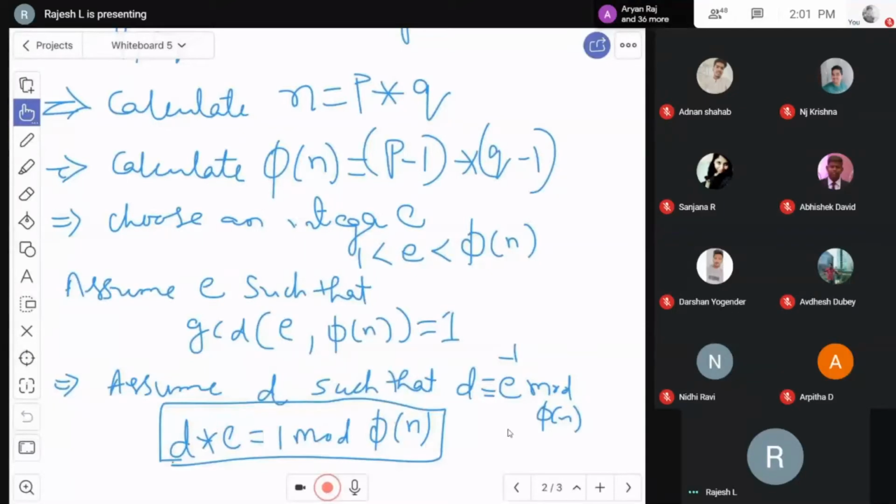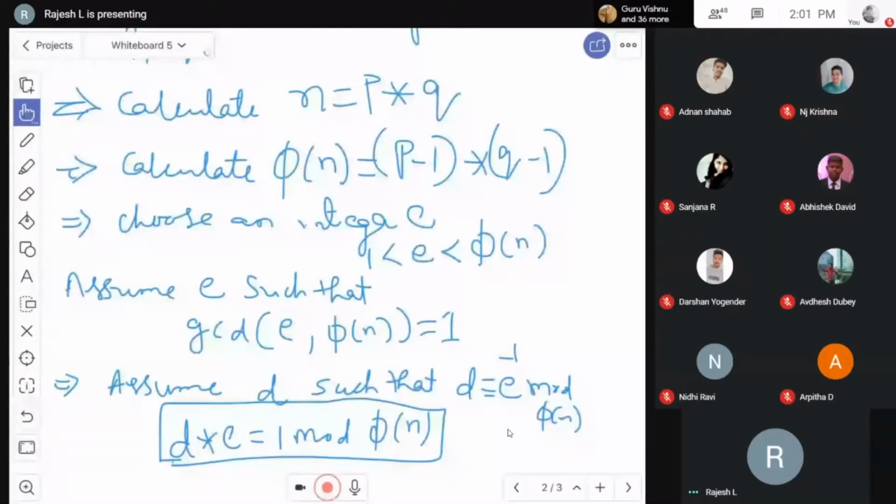Then we select an integer E such that E is greater than 1 and less than phi of n for the encryption key, and the GCD of E comma phi of n is equal to 1.